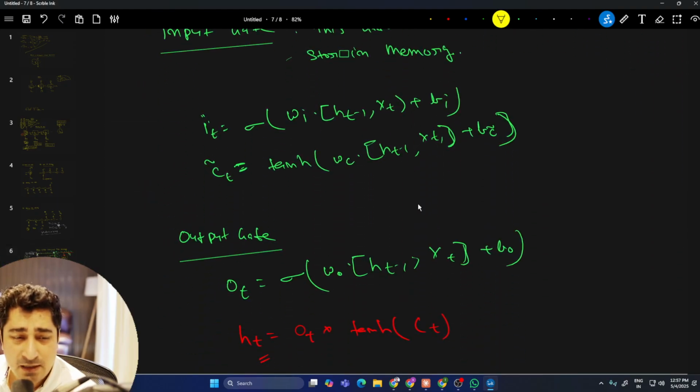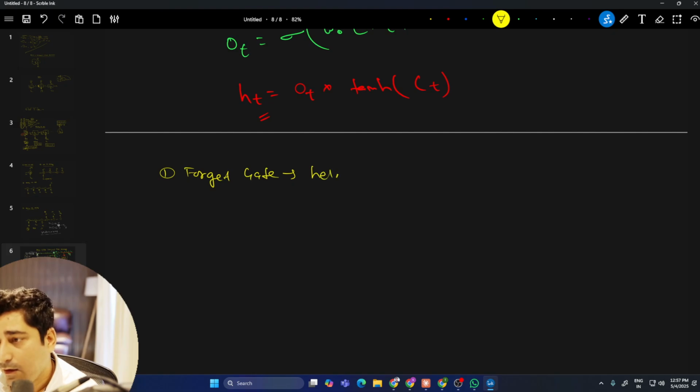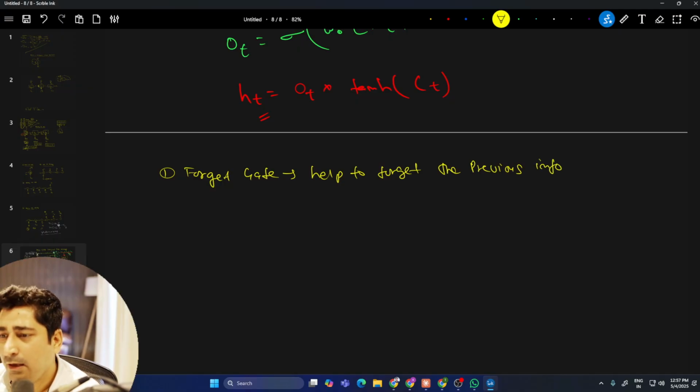So if I'm going to summarize it, first we have the forget gate, and when I say gate, it's a neural network, which helps to forget the previous info.